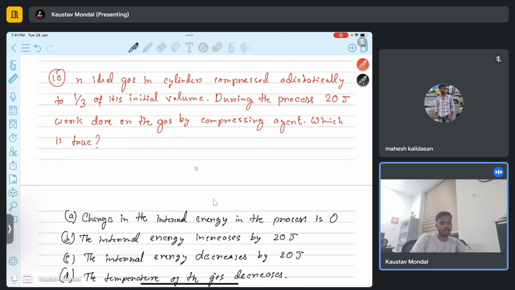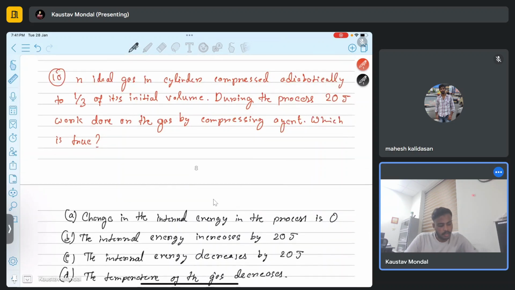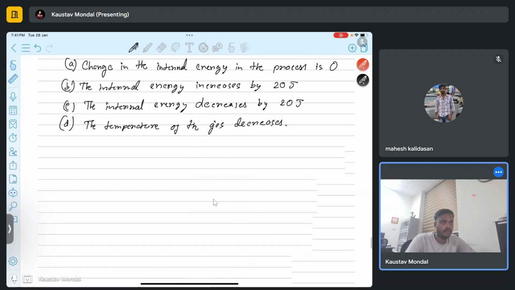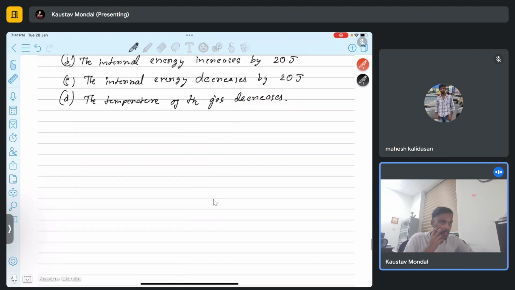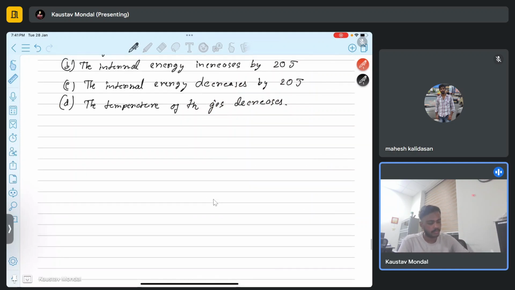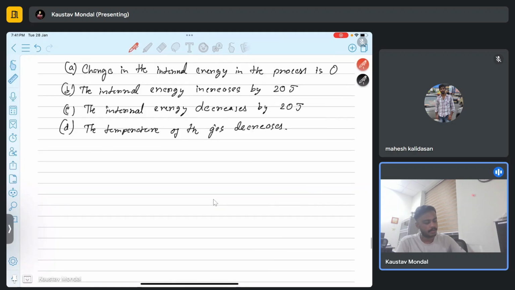So, okay, what are the things? The first thing is that this is an adiabatic process, right?